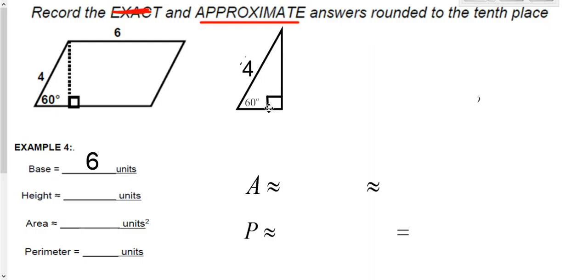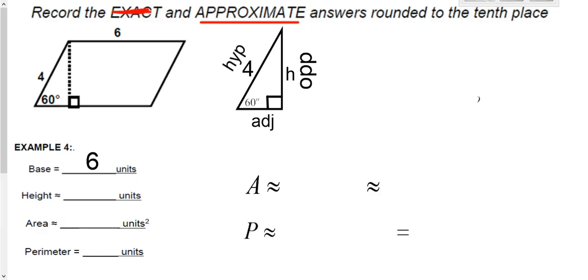We're going to label these sides, which is the first step when we use trig functions. I remembered this side is the hypotenuse. Opposite this angle is this side over here, the height we're looking for. And so the third side right here is the adjacent side. Then we figure out which two sides we're going to use in our trig function.